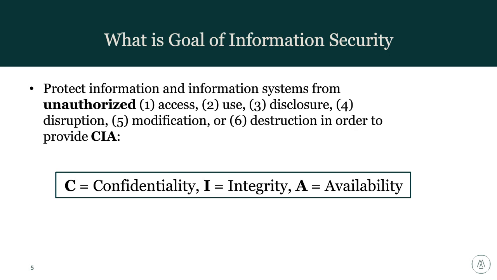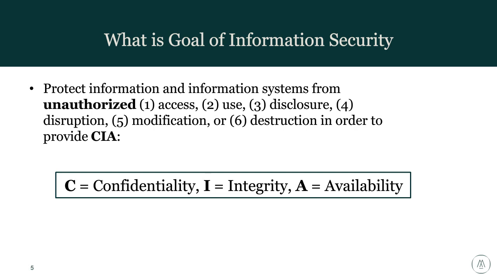First and foremost, our role is to protect information and information systems from unauthorized, and the key word here is unauthorized, access, use, disclosure, disruption, modification, or destruction, in order to provide confidentiality, integrity, and availability. So the CIA, as we like to call it, is not the three-letter agency of the United States government.